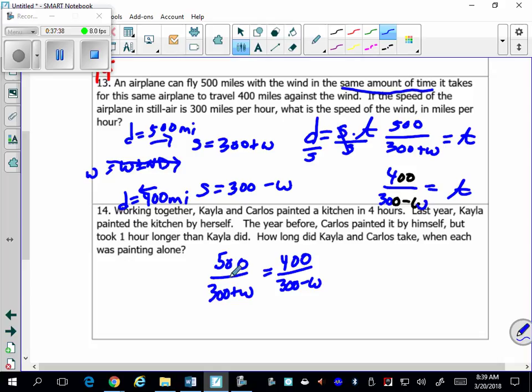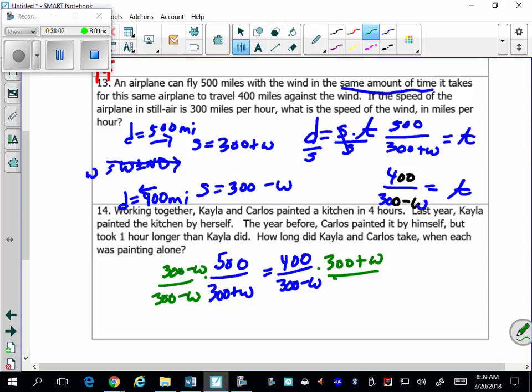Anytime it's an equation, get like denominators. The easiest way to get a like denominator is to multiply by 300 minus W and 300 plus W. So then we have 300 minus W and 300 plus W as your common denominator. So each denominator is a 300 plus W and a 300 minus W, and those are common. Drop the denominators and look at your numerator.